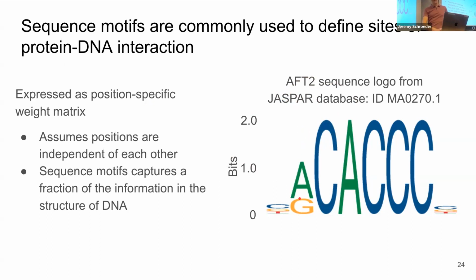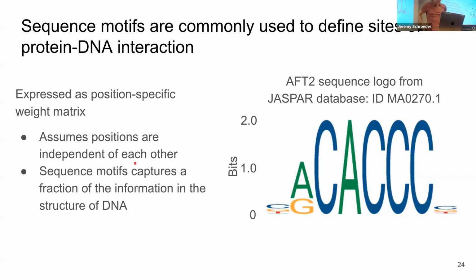If you see a piece of DNA that has A or G here, followed by C, A, C, C, C, you really expect AFT2 to bind that piece of DNA. And that's just what this means. It's a very intuitive way to look at how sequence is predictive of protein-DNA interaction.